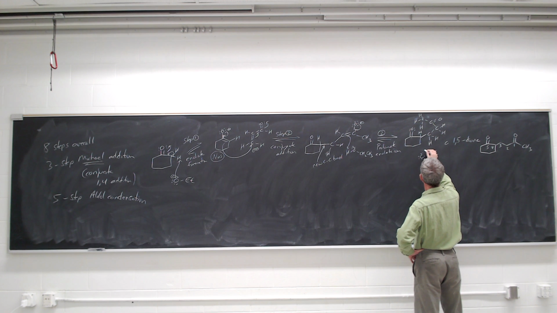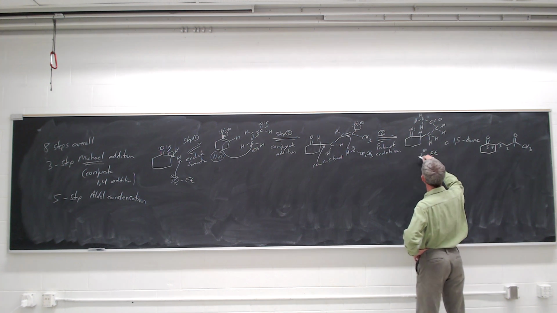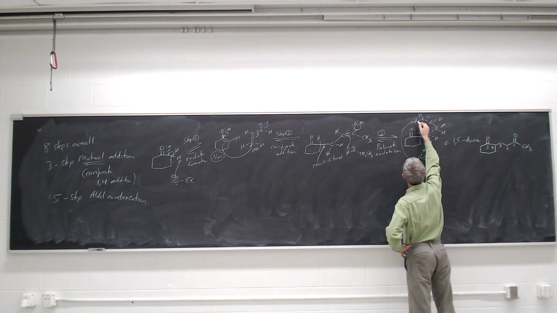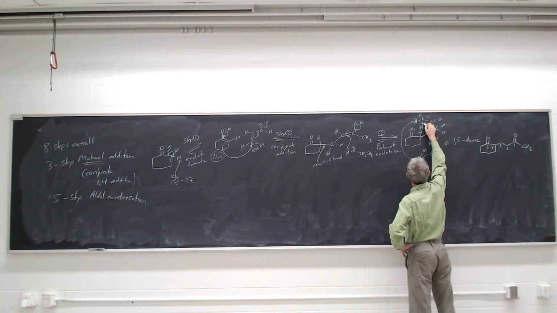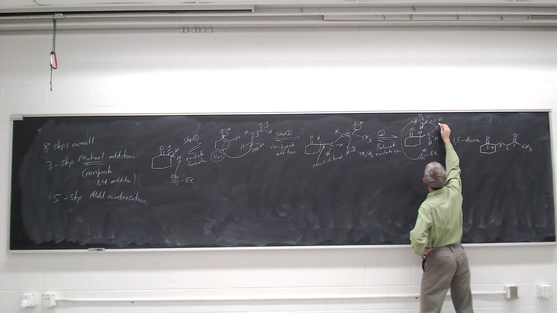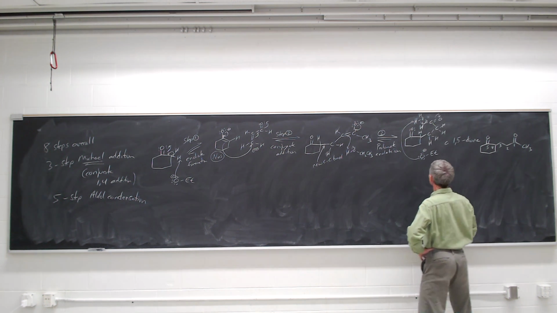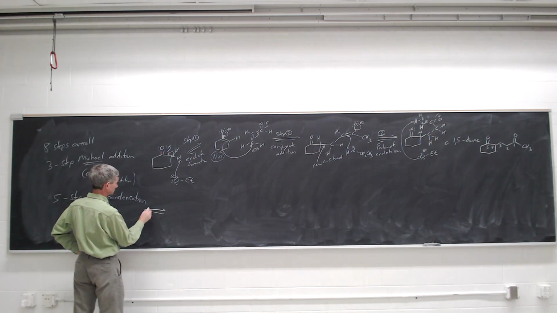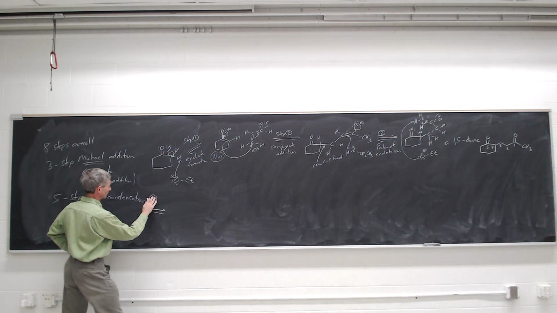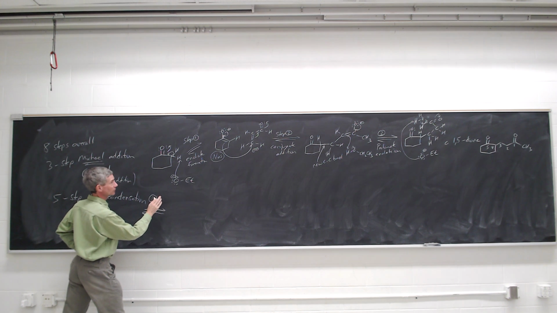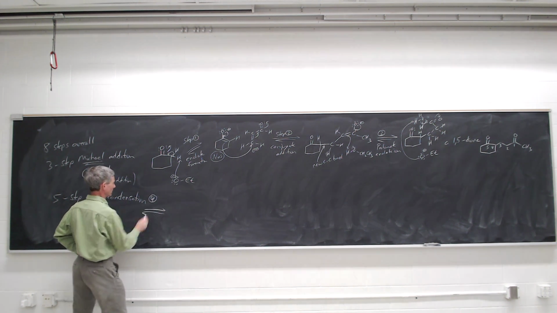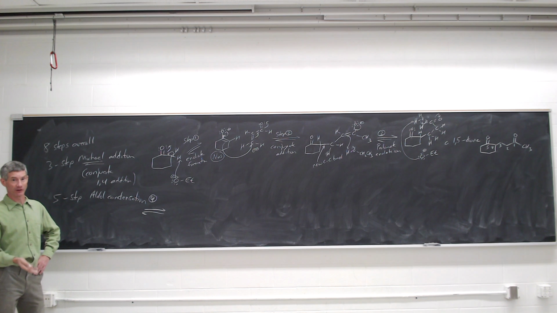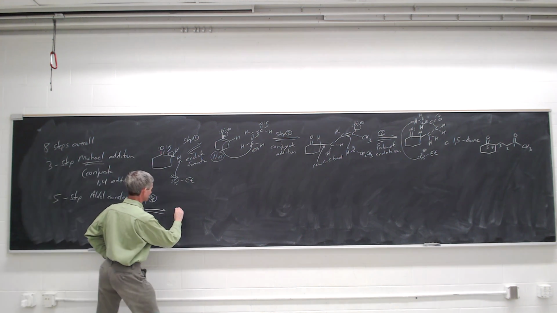So now what I'm going to do is an intramolecular aldol condensation, where I take the hydrogen off the methyl group, get an enolate ion.